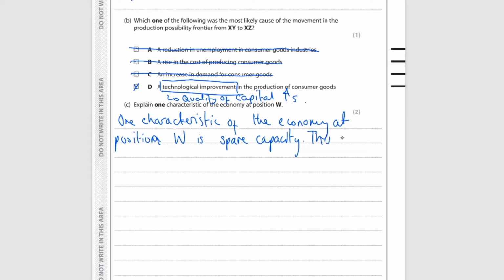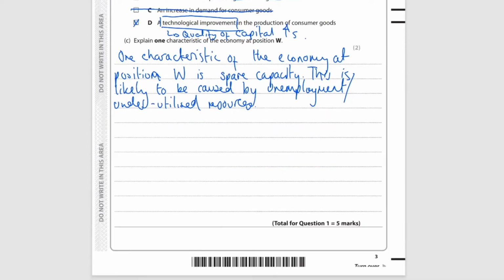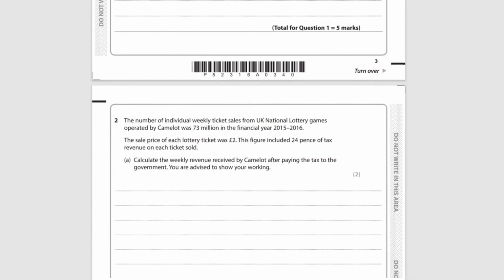This is likely to be caused by the unemployment being higher than the natural rate, or underutilized resources. Okay, and then that question is done. So that is the whole of question 1, 5 marks.